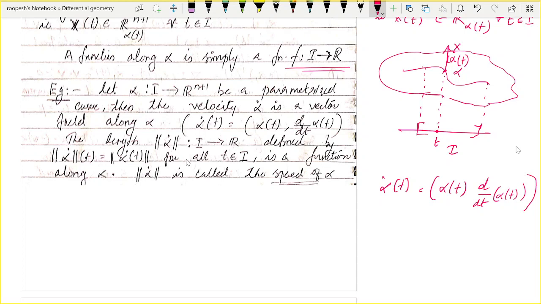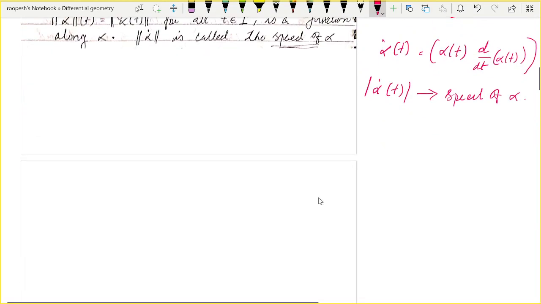Now the modulus of alpha dot of t represents the speed of alpha. The norm of alpha dot from I to R, defined by norm of alpha dot of t for all t in I, is a function along alpha. This norm value is called the speed of alpha.